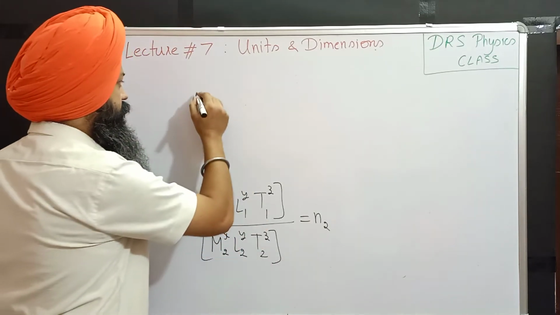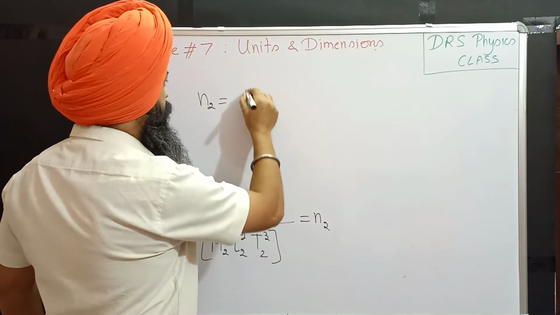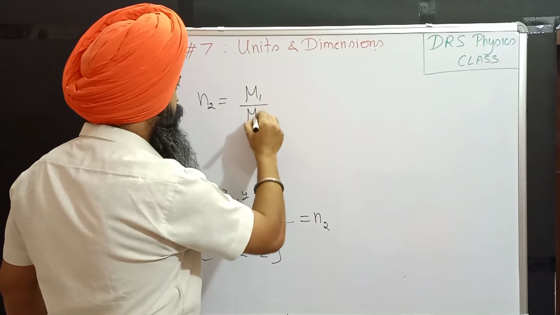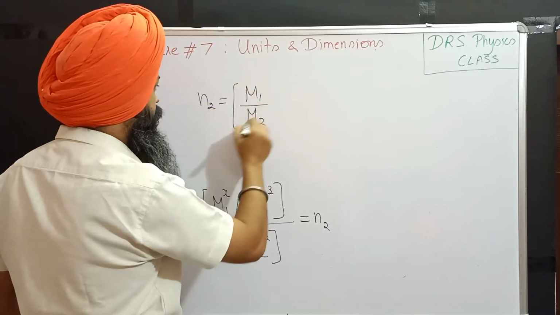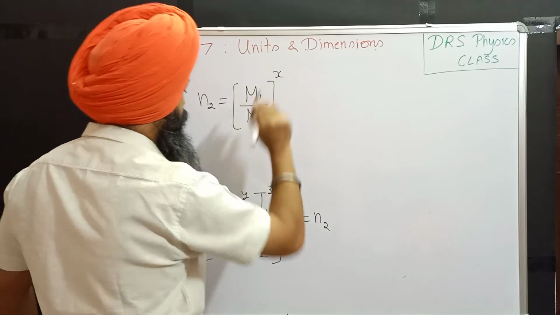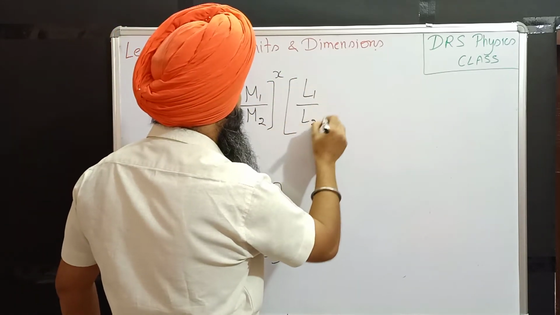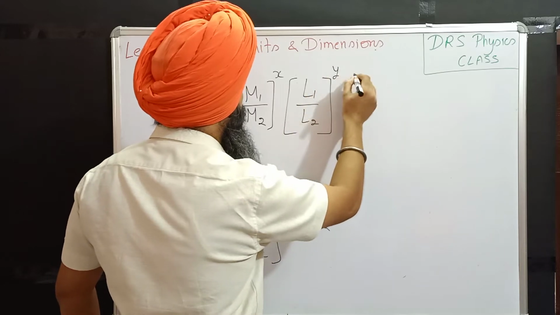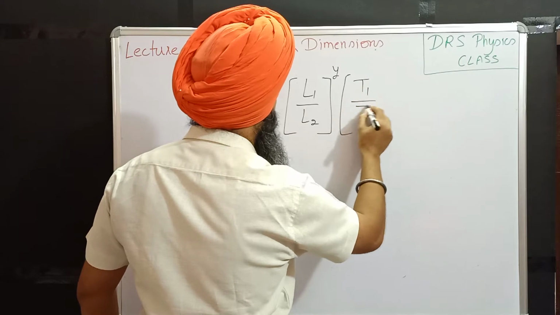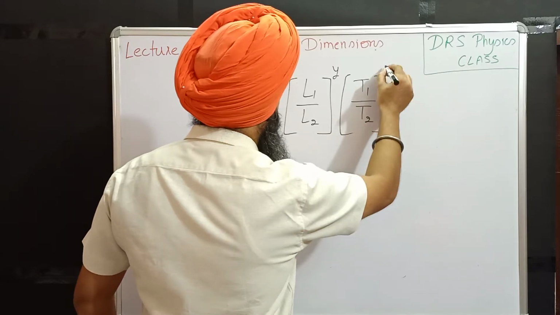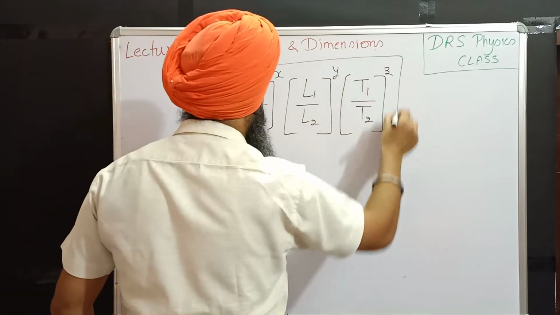So write it like N2 is equal to M1 upon M2. We can write this. They have common power of X, L1 upon L2 and T1 upon T2 power Z. So we have reached this conclusion.